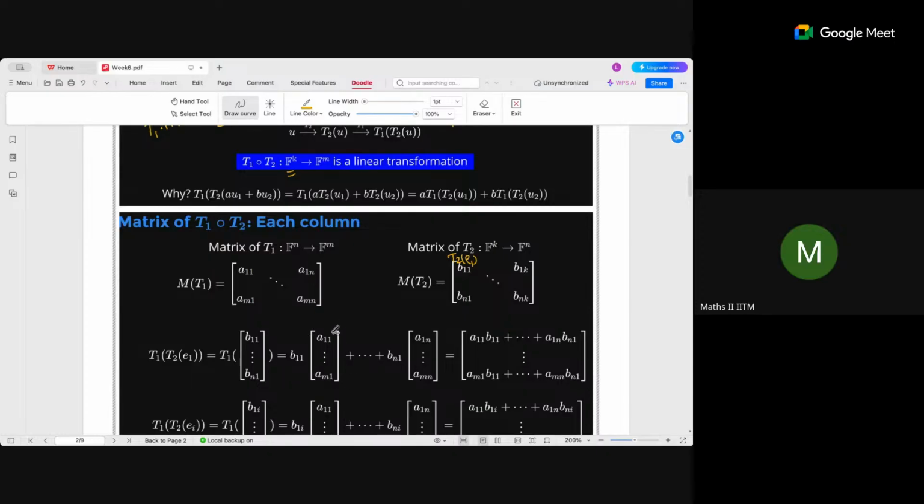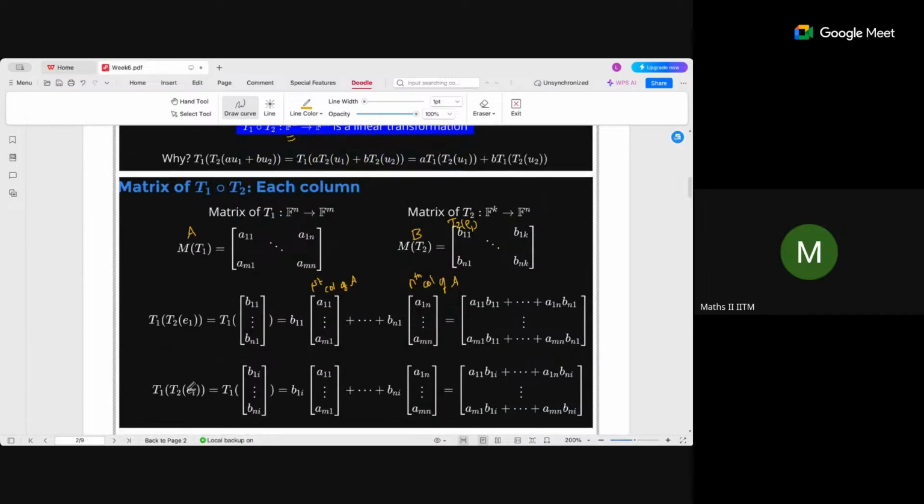The first column of A. Let's call this A, for example, just for easier convention. Yes, first column of A. Same way, this is the nth column of A, right?